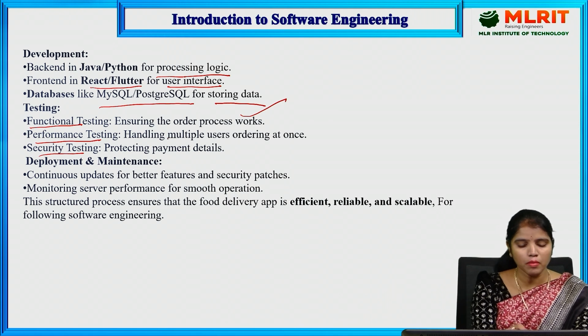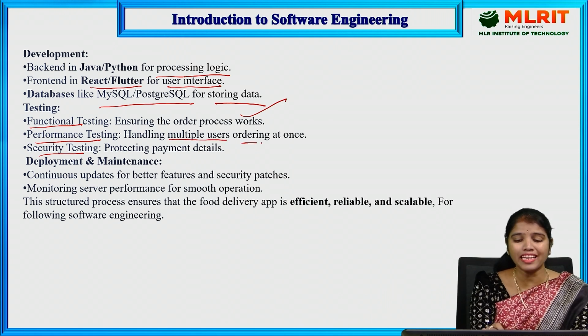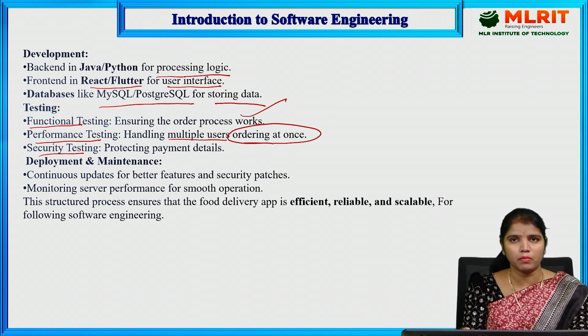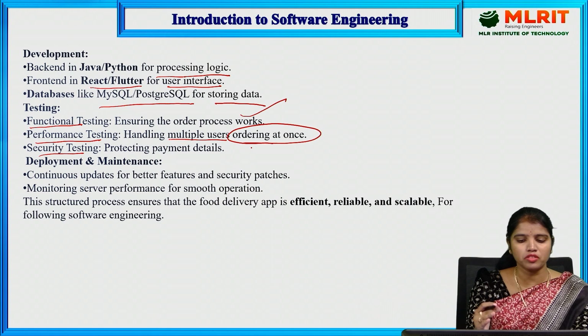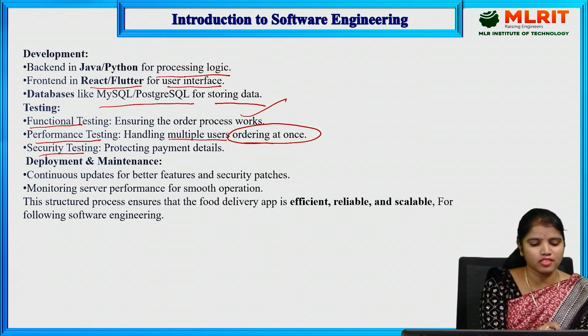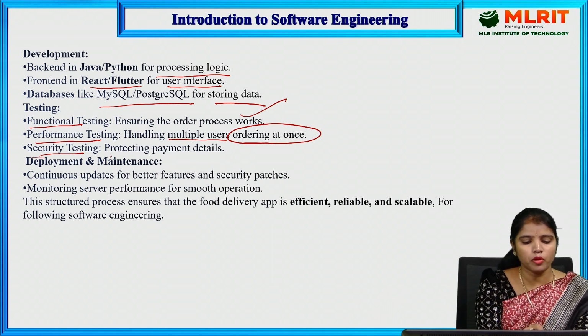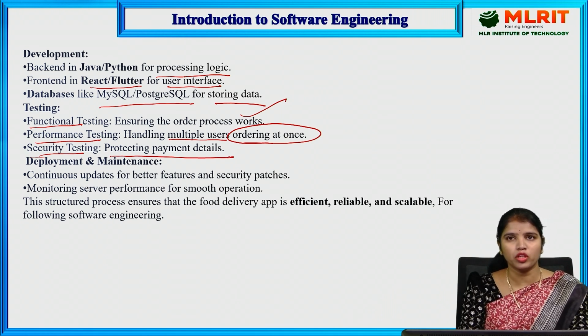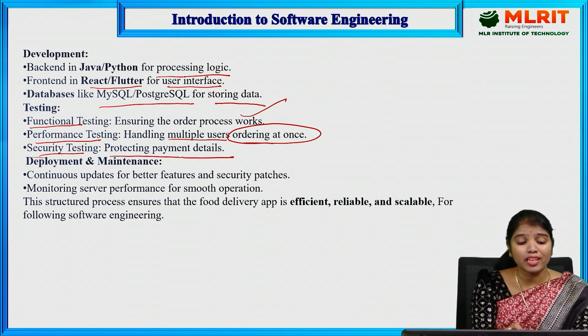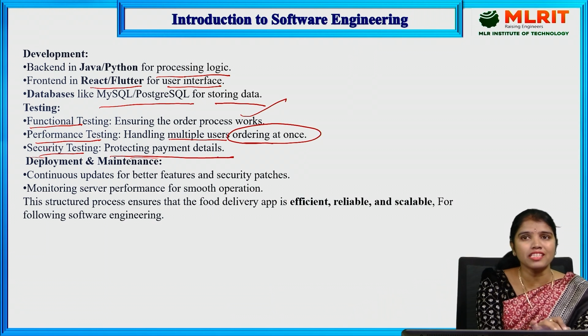It handles multiple users ordering at once. For example, when multiple users order food at a time, it allows all the users at once. Next, coming to security testing, it protects payment details. For example, whatever payment we make using this app, it protects the payment details by using security testing.